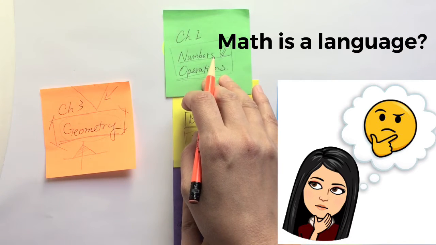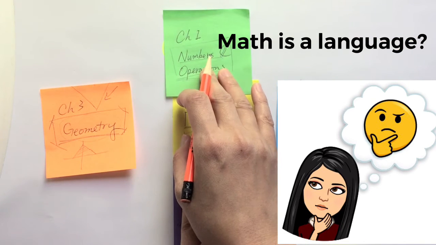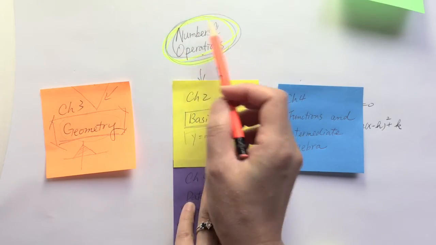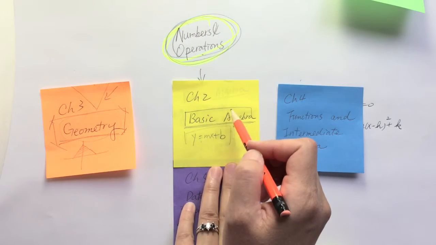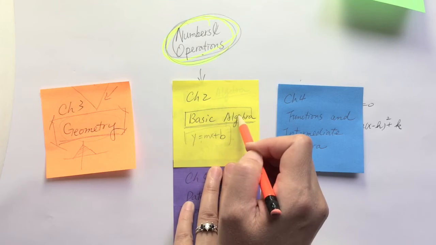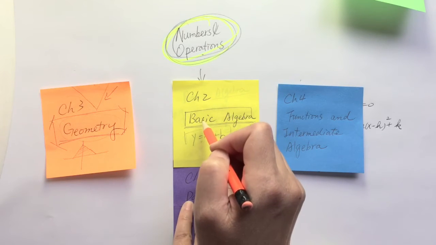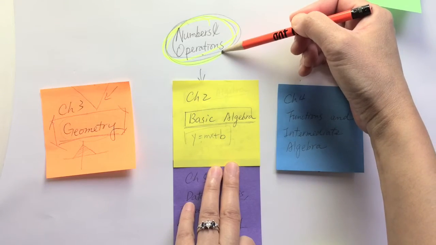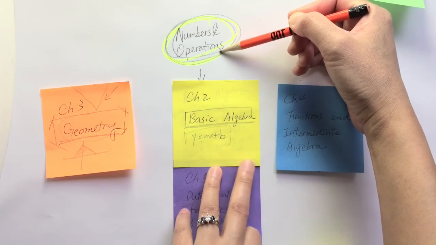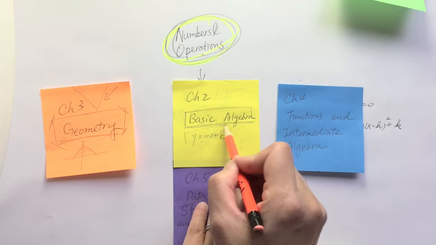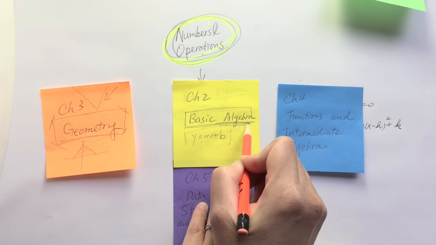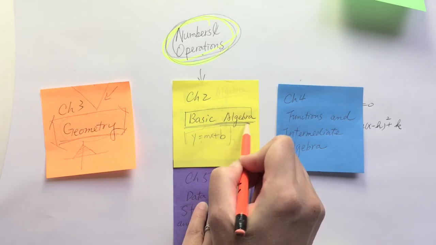So this is the foundation of math. Know the vocabulary. Now you've got to write sentences or paragraphs or a composition. You have to use the foundation knowledge to build a sentence or paragraph.